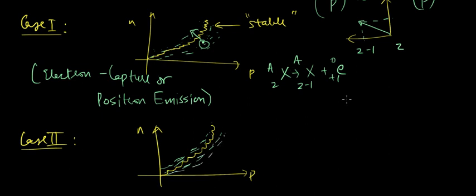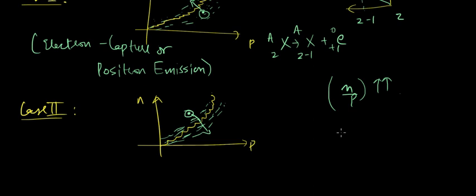Suppose we have a higher n by p ratio. Higher n by p ratio means p is less compared to n, so we have a point somewhere here. Now it will tend to move towards this curve.